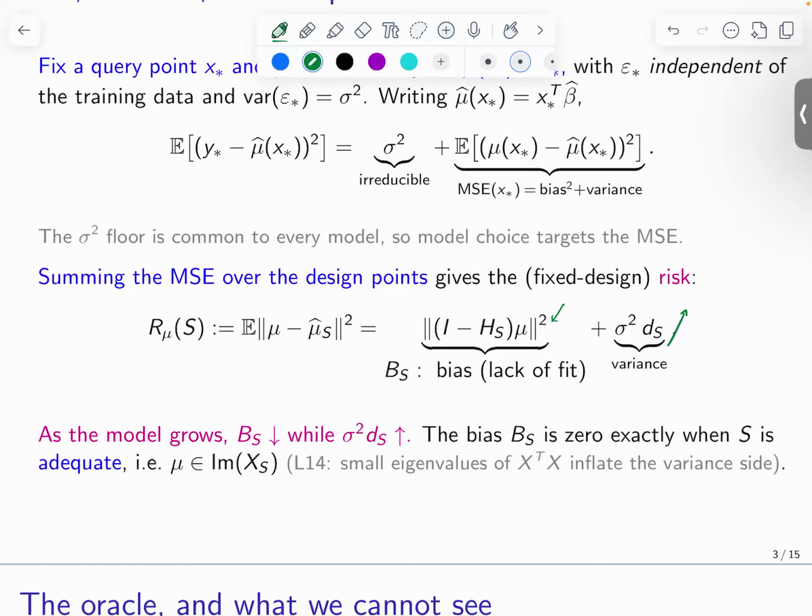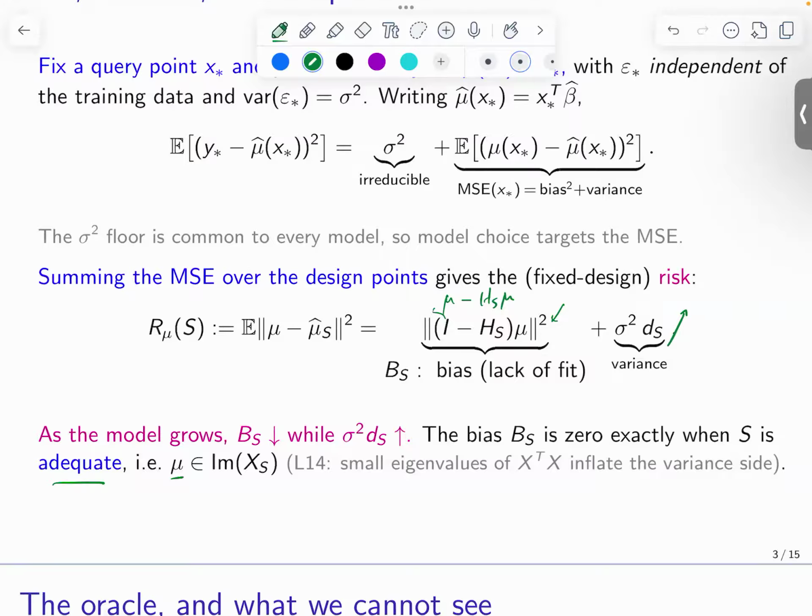At some point, this bias you can drive to zero, and that's where the model is so-called adequate. So if mu turns out to be inside the image of XS, so you add enough predictors such that the image spans a subspace that contains mu, then when this is projecting, basically this is equivalent to mu minus HS mu.